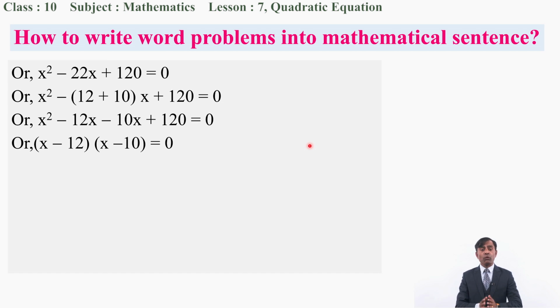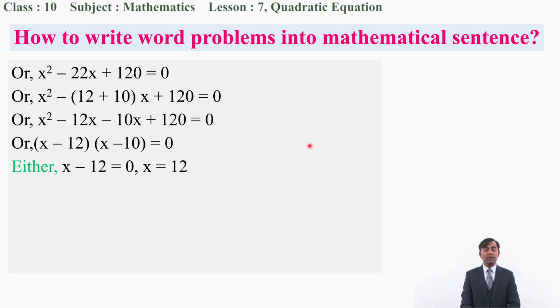And then finally I write the two factors, whose product is equal to 0. Why are the steps jumping? Because it's a revision part. You know how to get these two factors: x minus 12 and x minus 10 is equal to 0, right? So either the first factor is equal to 0 or the second factor is equal to 0. If the product of two factors is equal to 0, either the first factor should be 0 or the second factor should be 0.